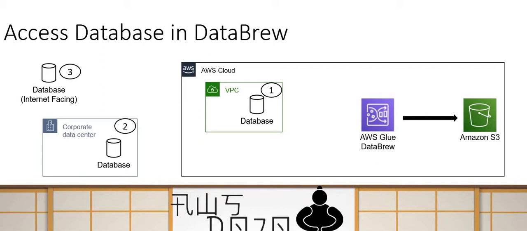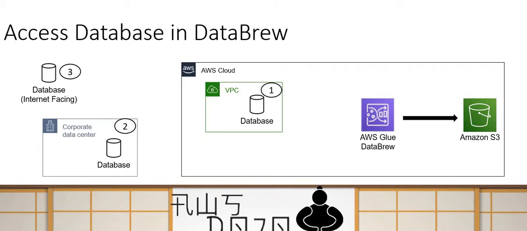But technically, yes, you can have scenarios where you are accessing a database which is public-facing, internet-facing. And as I said, there could be scenarios beyond these 3. But if you have any questions about those scenarios, feel free to ping me in my comment section, and I'm more than happy to support you if I can with your questions.